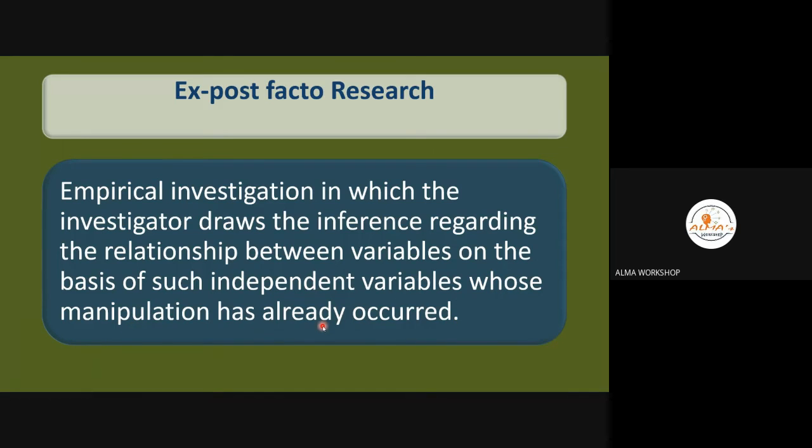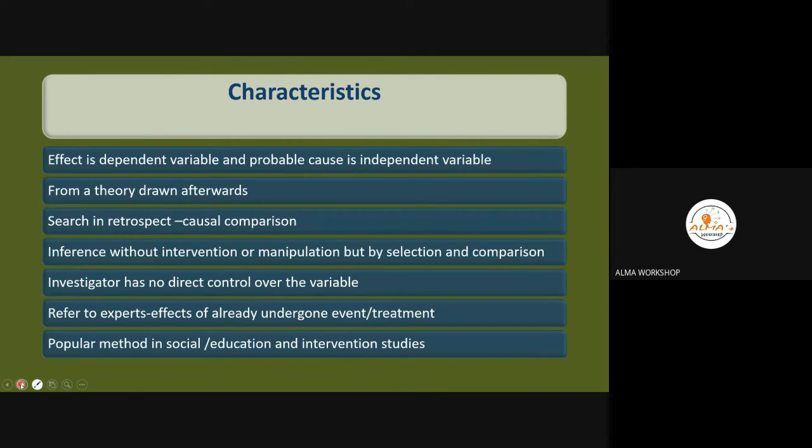For example, some accident has happened and the police come and do some investigation. So it is an ex post facto research design. For already occurred incidents, you are trying to investigate. Such designs are called ex post facto research design.